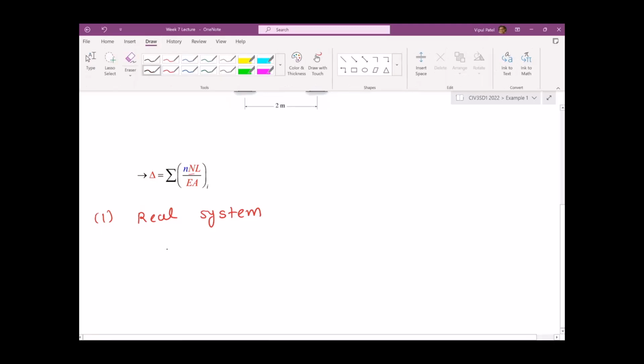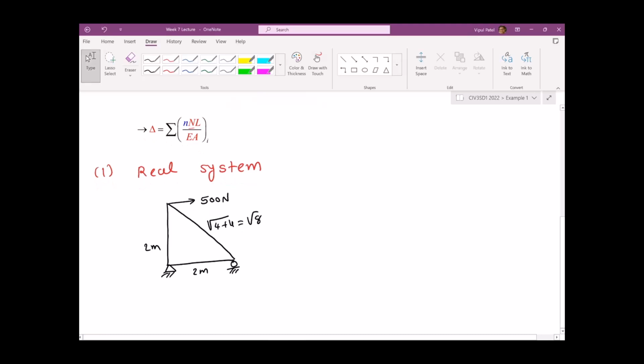The real system looks like this: a pin support here, a roller support here, and 500 newtons here. And we have 2 meters, and the diagonal is the square root of 4 plus 4, which is the square root of 8.